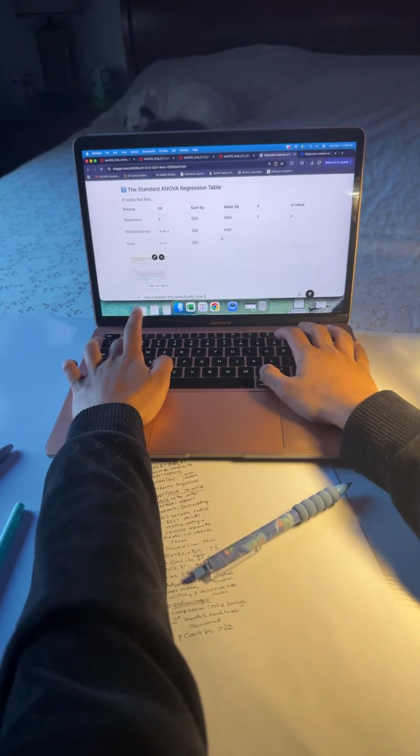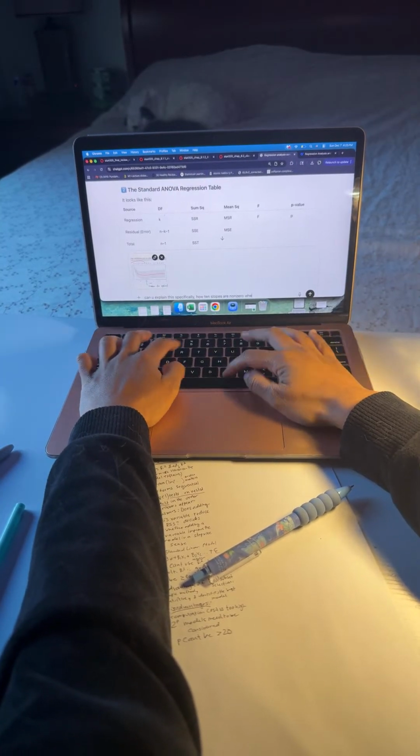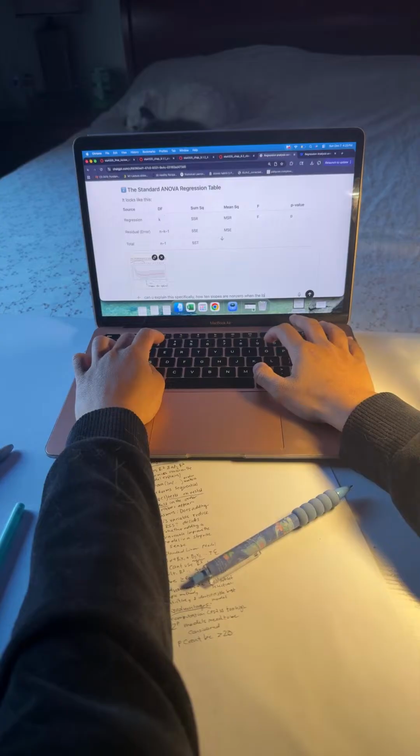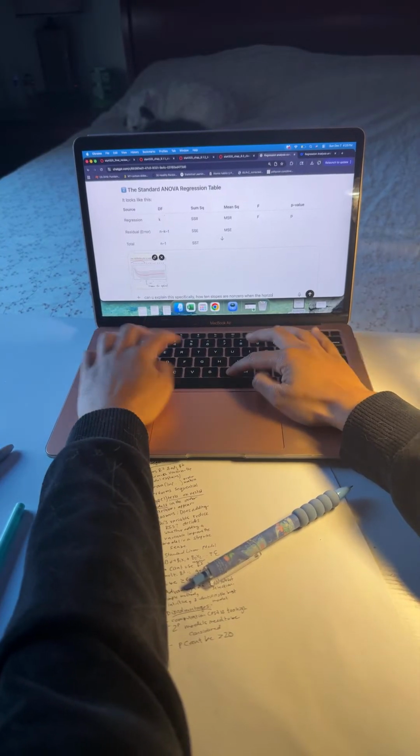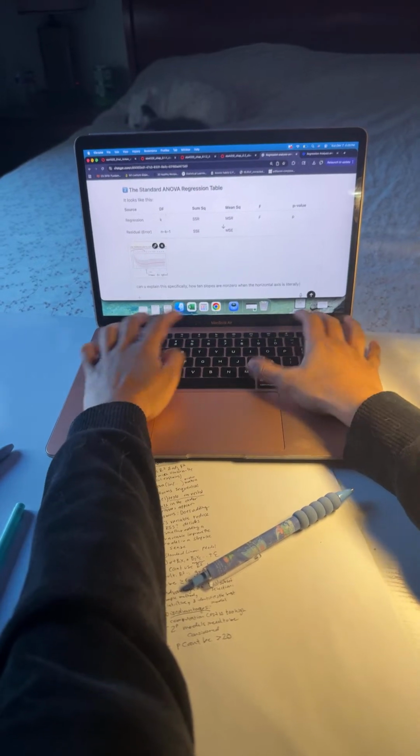How are 10 slopes non-zero when the horizontal axis is literally -2?